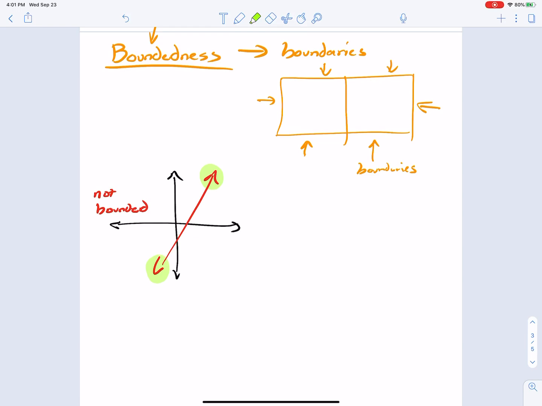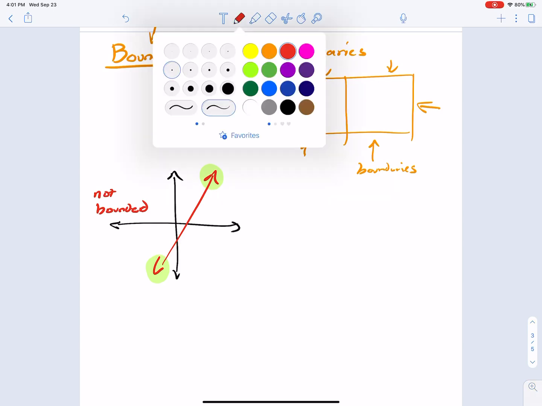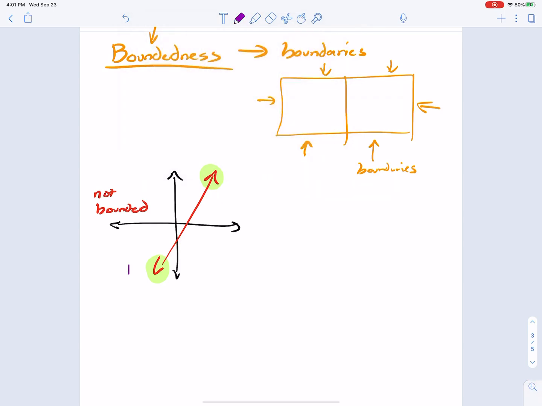So meaning there are no boundaries. It just goes up and down forever. So it's not bounded, okay? Another example of a not bounded function, you'll see later on, maybe a cubic function, where it looks a little bit like that. Notice how it goes all the way up and all the way down, so it's not bounded, right?